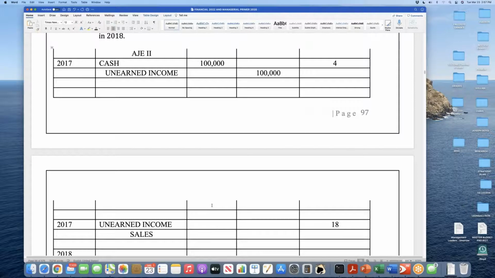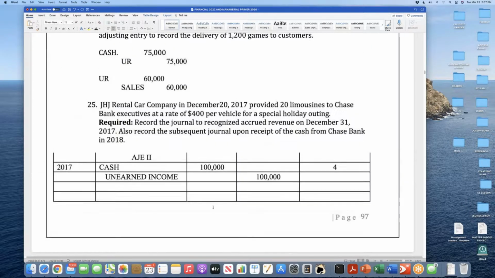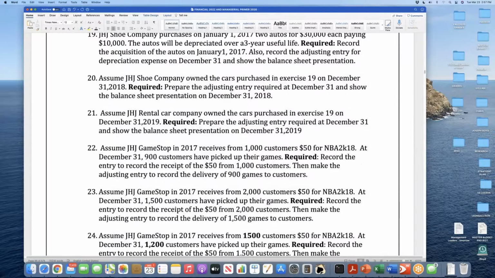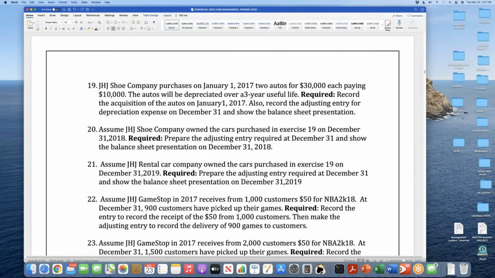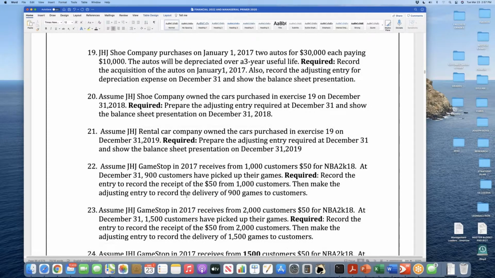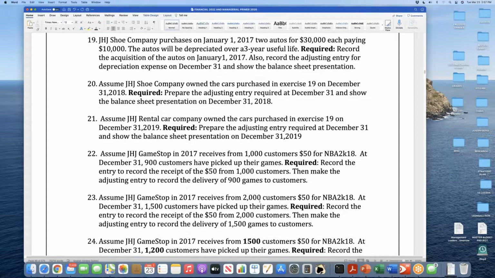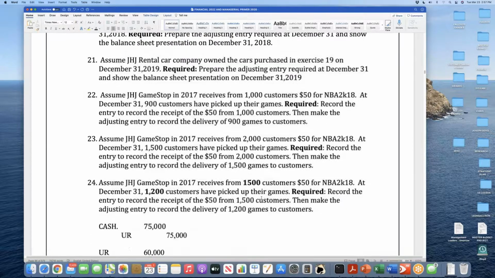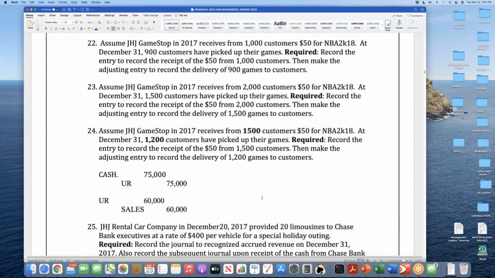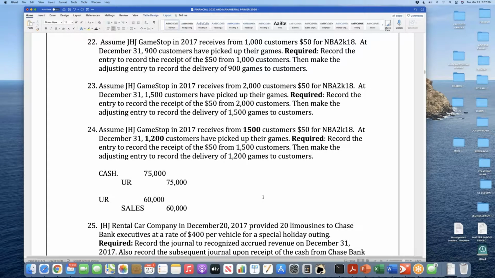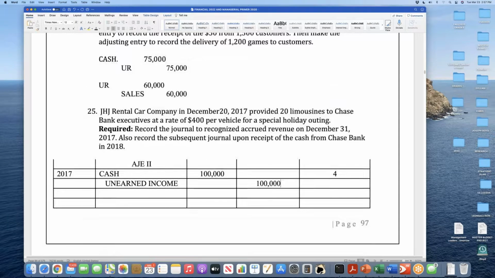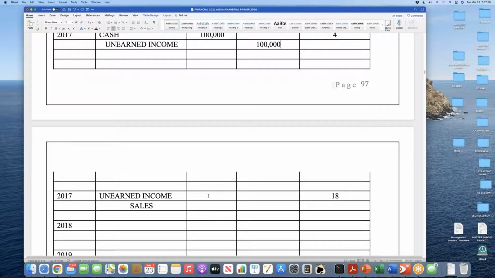Isn't it 75,000? Wait a minute, let's look at this problem again. 2,000 customers and 1,500 picked up the games. Oh, oops! I was using the wrong numbers. So how much did you say? 75,000. Well, 1,500 times 50, yeah, it's 75,000.